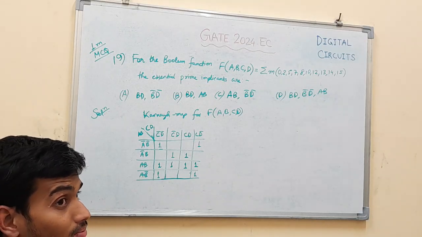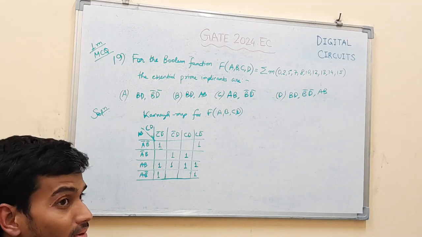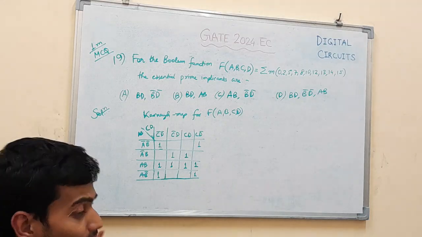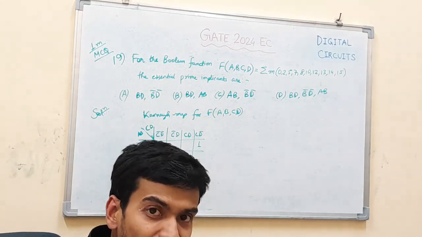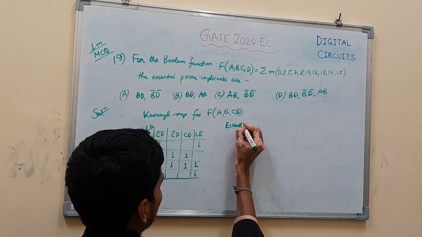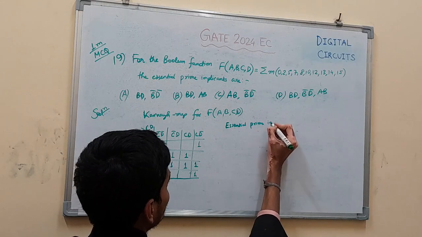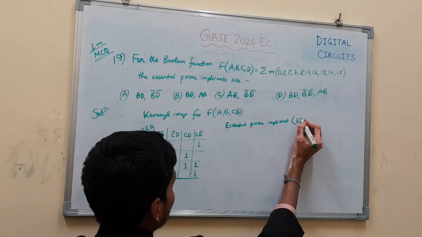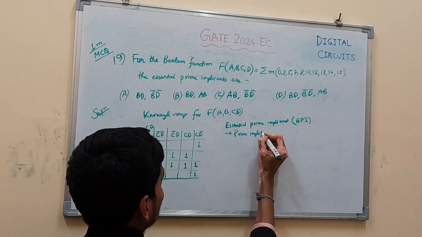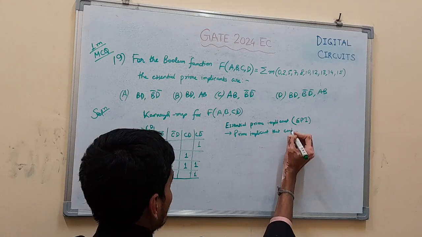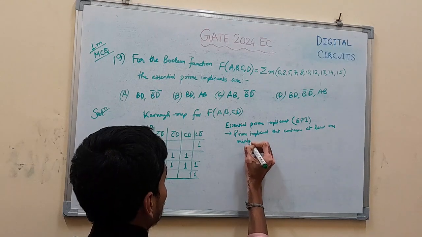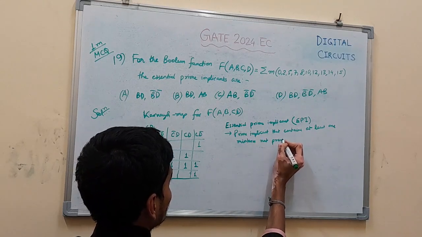Every essential prime implicant is a prime implicant, but not every prime implicant is an essential prime implicant. By definition, an essential prime implicant, abbreviated as EPI, is a prime implicant that contains at least one minterm not present in other prime implicants.